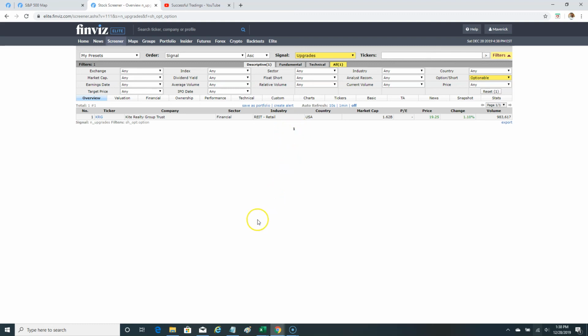When a stock is upgraded, it tends to continue going up. When a stock is downgraded, it tends to continue going down. So by leveraging that knowledge, that's how I'm able to use the screener function of Finviz.com and thus generate successful trades with this tool.